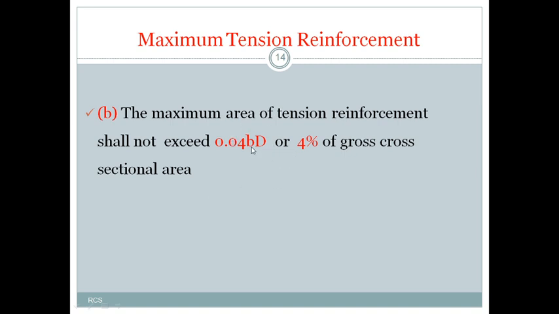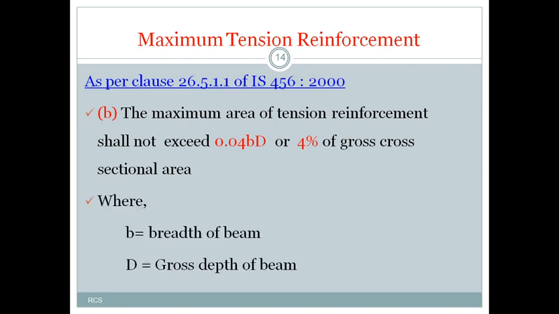Here b is the width of the beam, and capital D is the gross depth of the beam. When you are calculating the maximum area of tension reinforcement, you should use the gross depth of the beam instead of the effective depth of the beam. So the area of reinforcement we calculate in a reinforced beam should not exceed 4% of the gross sectional area.